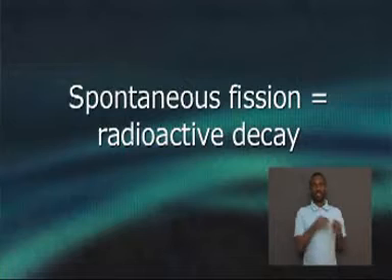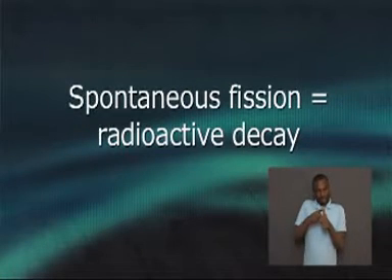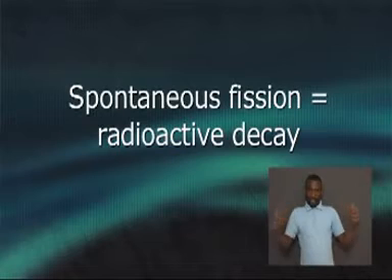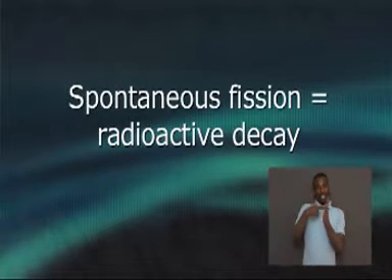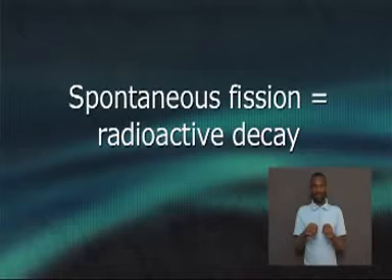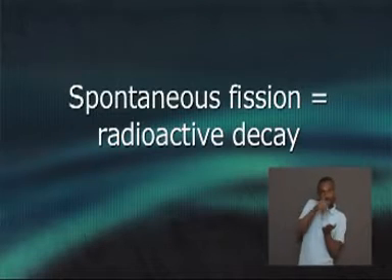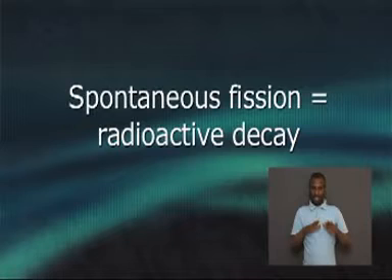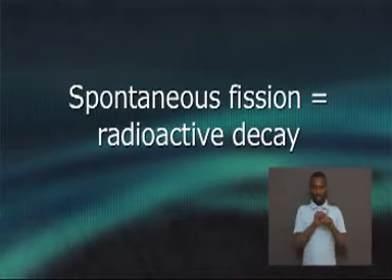Students, you have already learned about the first way fission occurs. In radioactive decay or spontaneous fission, a nucleus becomes more stable by splitting into two or more parts and emitting particles.